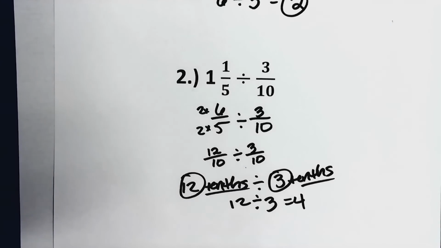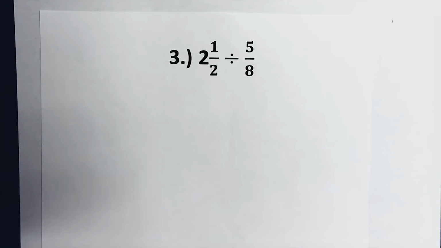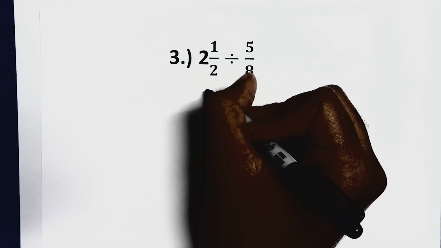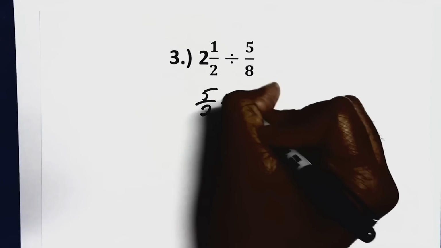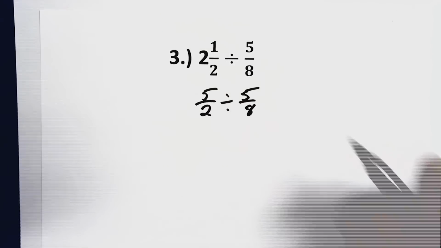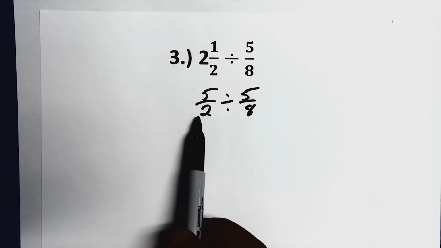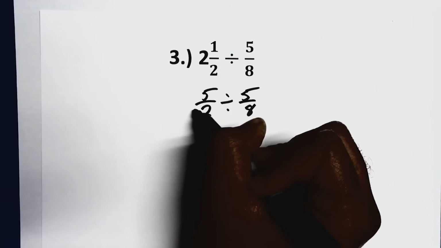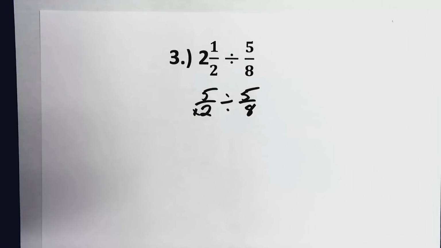So let's look at our last one. Change our mixed number to an improper fraction. So this will be 5 halves divided by 5 eighths. I'm going to change this denominator unit to 8 so they can be the same. So I'm going to multiply that by what? 4. Good job.